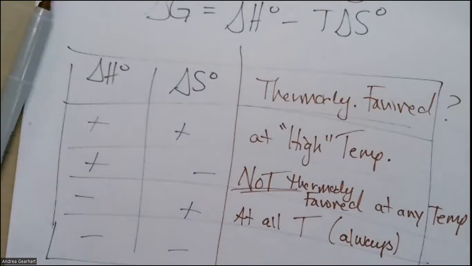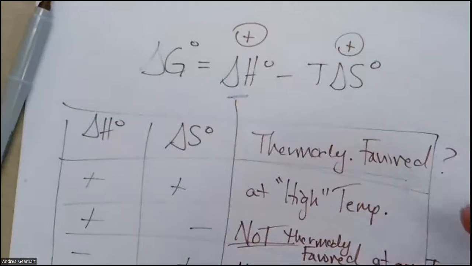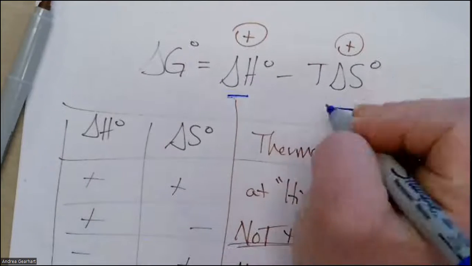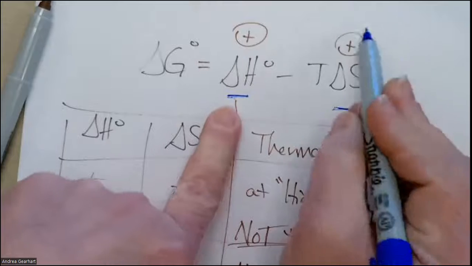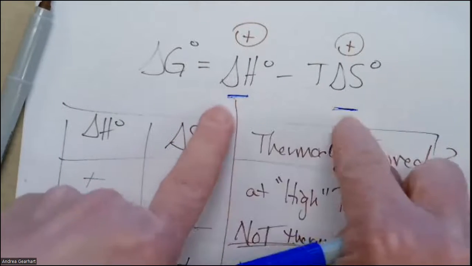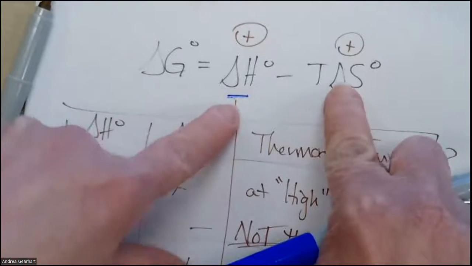And then if we have the last scenario of exothermic, well, that's in our favor. But what if we're decreasing entropy? Then this is always going to be positive, so we're going to end up making a positive term. And if this is bigger than this, then this will overwhelm that and make that positive.